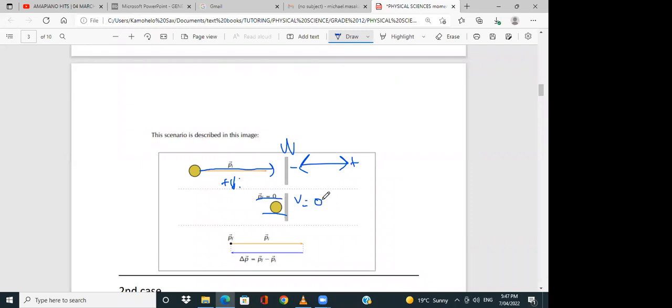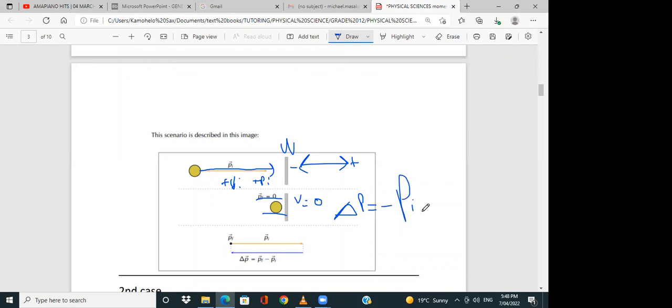Now, if our final velocity is 0 meters per second, producing a final momentum of 0 kilograms meters per second, and we have a positive velocity that produced a positive initial momentum, then our change in momentum in this case is going to be equal to negative pi.